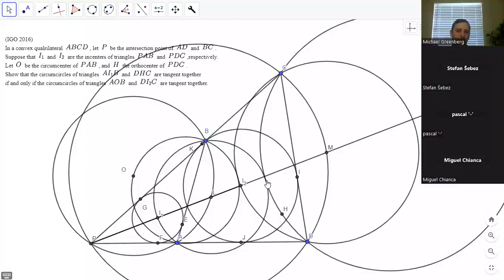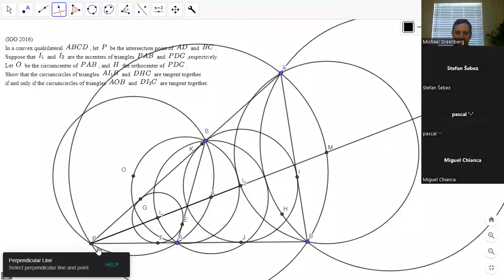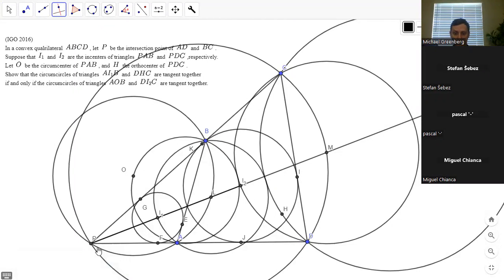So the circle AOB. So the circle DHC, we can kind of just reflect that over BC, right? And then the circle AI1B.